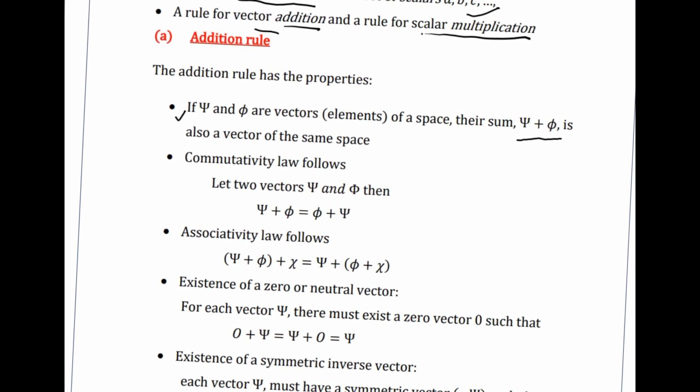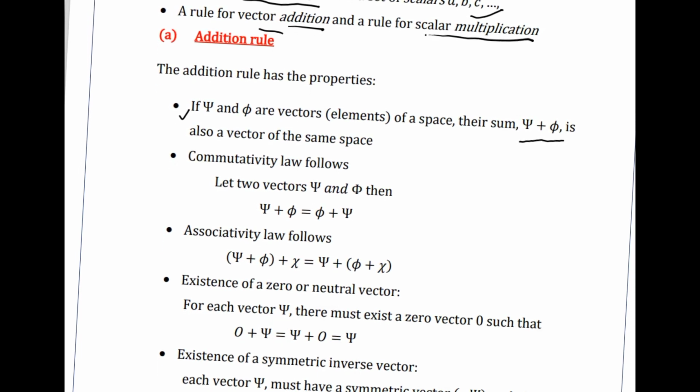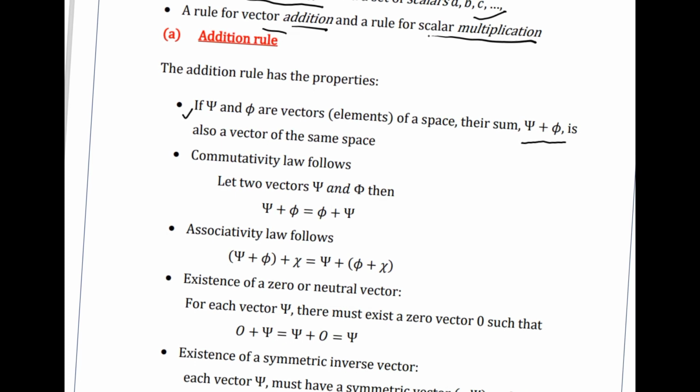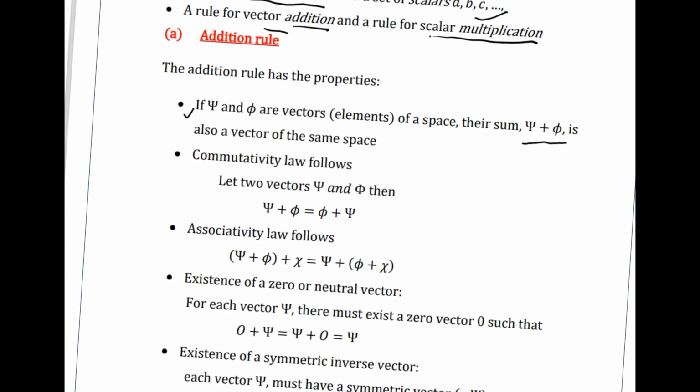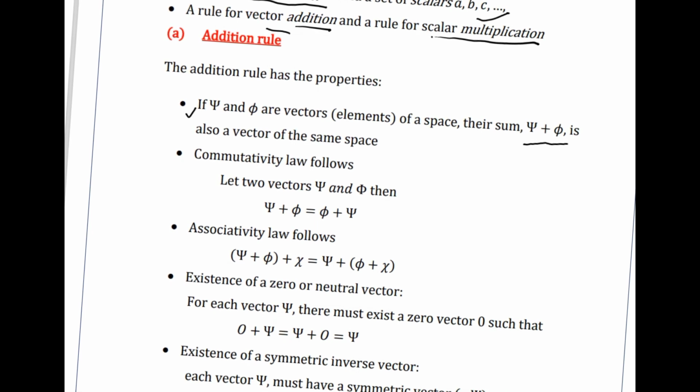Suppose you have taken two vectors psi and phi that are the elements of the vector space, then their additive value will also be the state vector of that space.